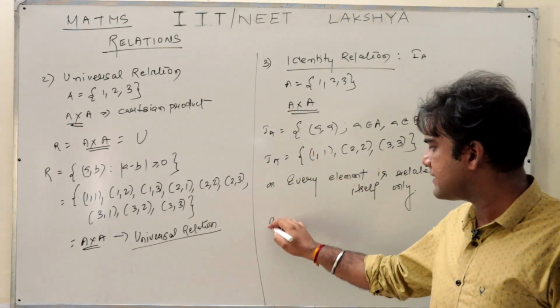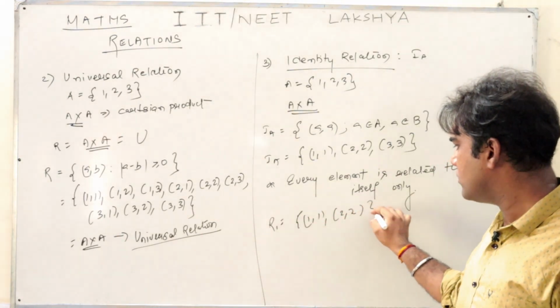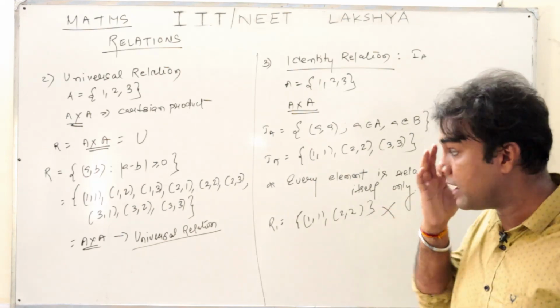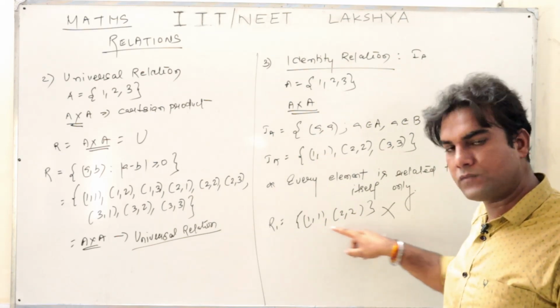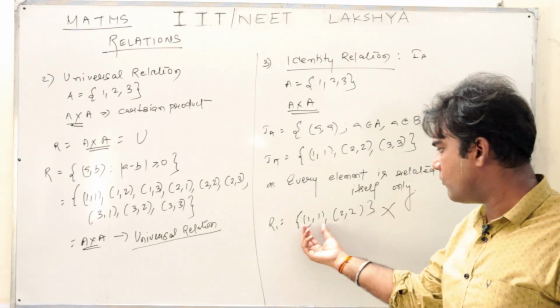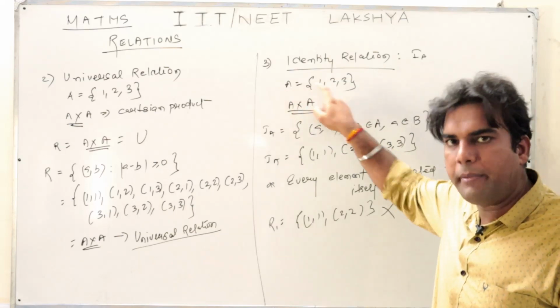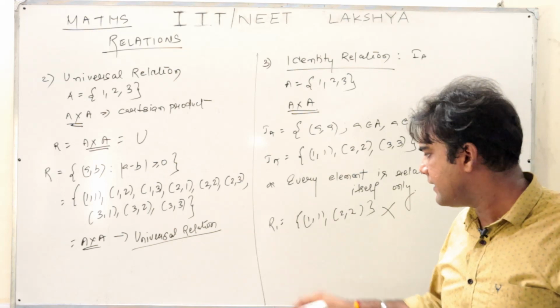Suppose someone says, let us say R1 is 1 1, 2 2. Is this an identity relation? No, this is not an identity relation, because 3 belongs to A, but 3 is not related to 3. 1 1 is there, 2 2 is there, but 3 belongs to A, and where is 3 3? So this is not an identity relation.